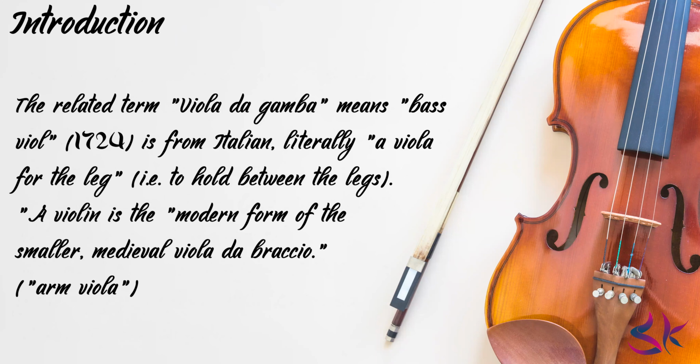The related term viola da gamba means bass viol. In 1724 it is from Italian, literally a viola for the leg, that is, to hold between the legs.